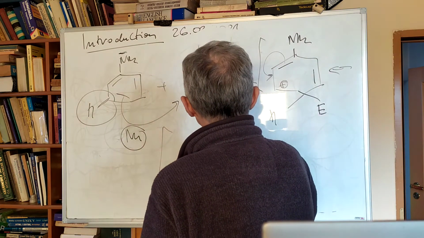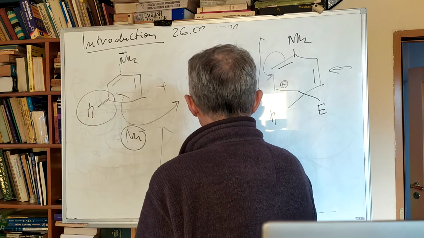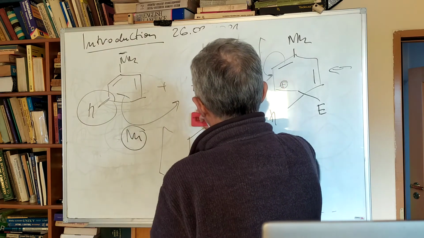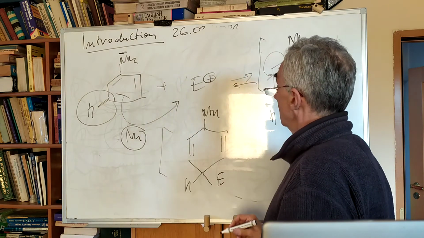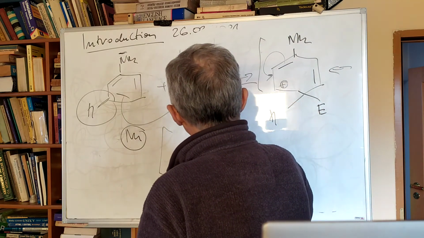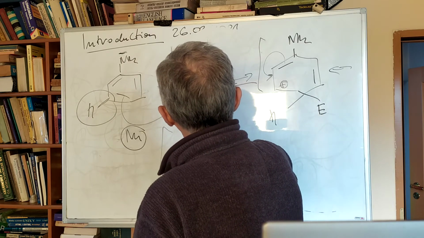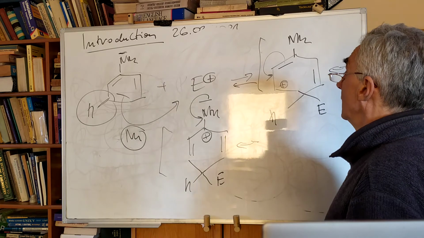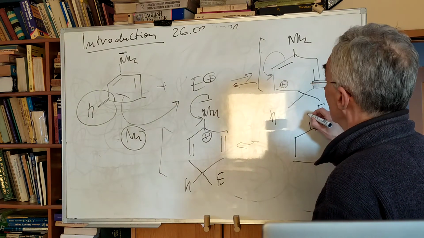So we are writing these structures here. Hydrogen, yeah, and once more a plus sign will be where? It will be here. And now we have this pair of electrons which can form here a double bond.